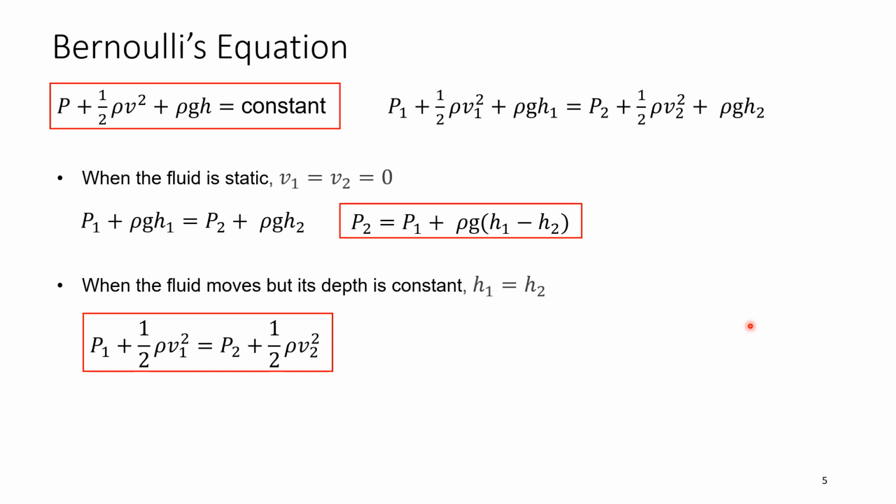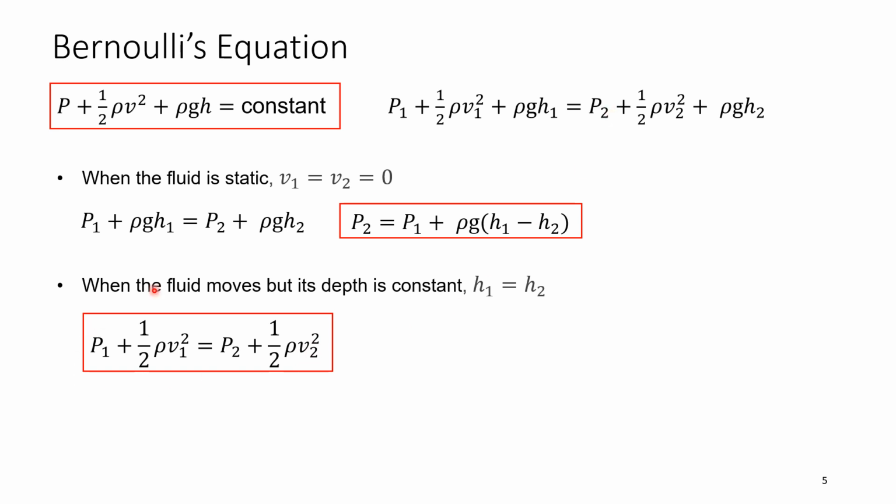On the other hand, when the fluid is moving but its depth is constant, h1 equals h2, so Bernoulli's equation becomes P1 plus half rho v1 squared equals P2 plus half rho v2 squared.